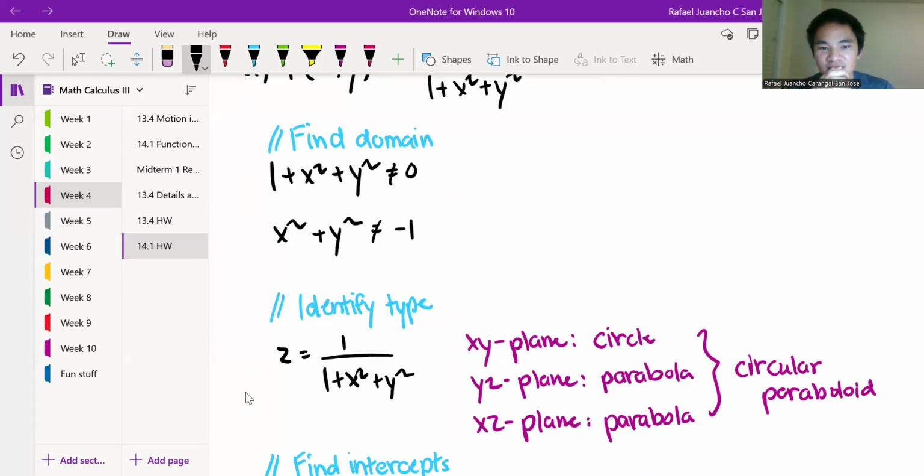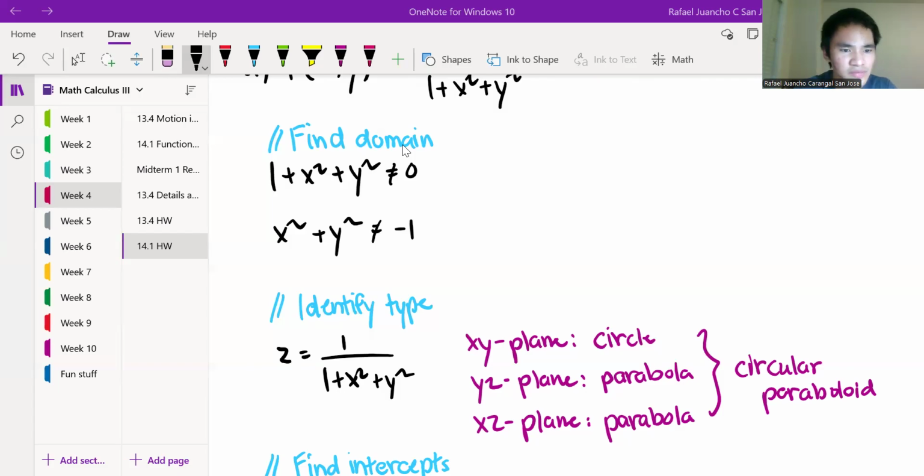To me, it doesn't look like it. So in the YZ plane, it's a parabola. In the XZ plane, it's a parabola. Yeah, it kind of looks like it, but that doesn't intersect. Okay, let me find a graph that looks exactly like that. Yeah, I would argue it's that one. Number 3.